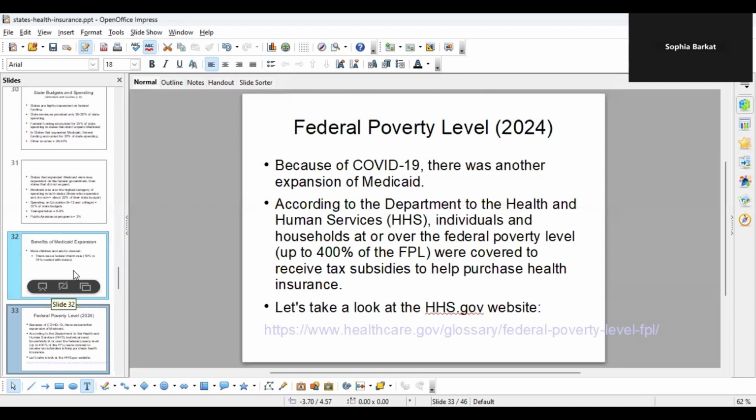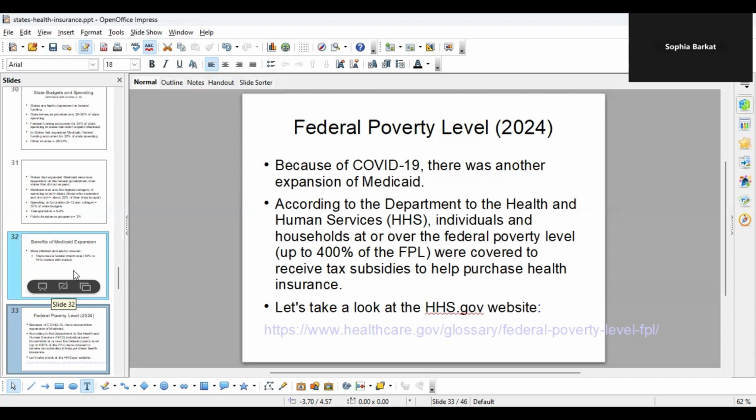So in 2010, we were looking at households which matched the federal poverty level. In 2014 to 16, we said the federal poverty level, whatever it was, Medicaid would cover families that were making at 138% of the federal poverty level.